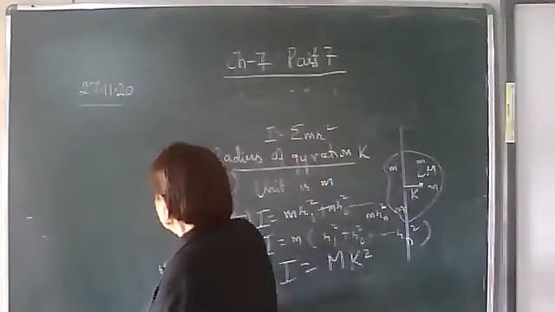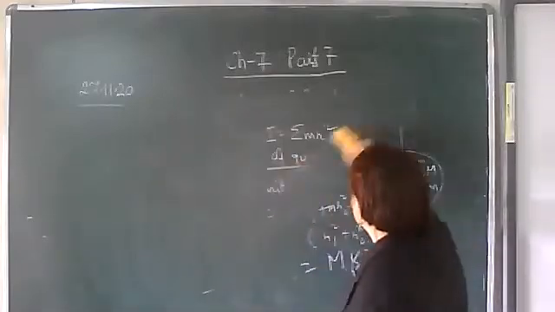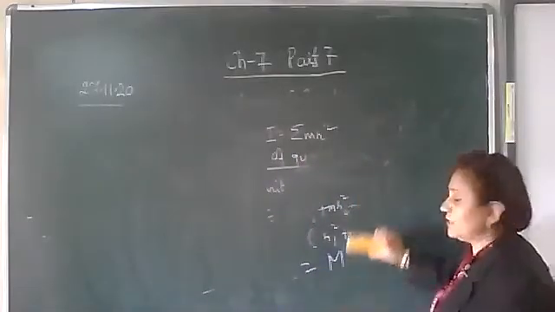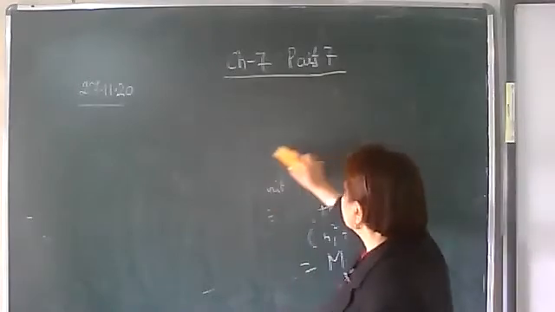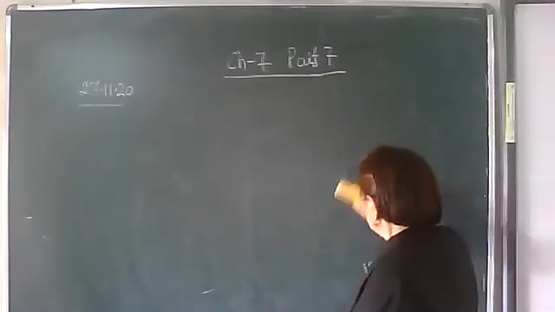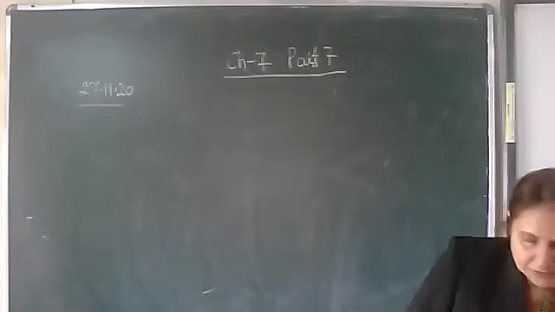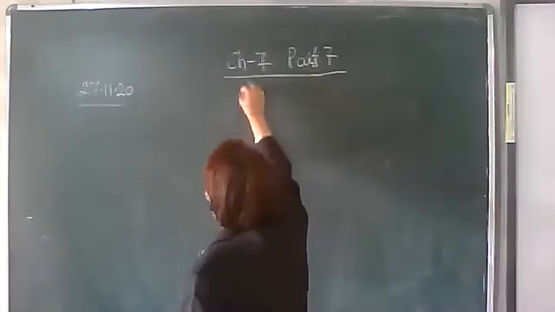Whenever a body is rotating, as it is in motion, it possesses kinetic energy, but this kinetic energy will be rotational. So let's find out the expression of rotational kinetic energy.